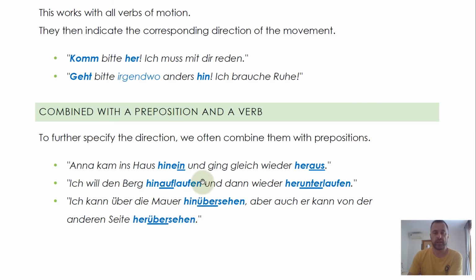So here it is also combined with preposition and a verb, but it's just making it more specific. If you don't get that at the first glance, don't worry, this is advanced. Usually at the beginning I would recommend you understand it if you can see it in a sentence, and try to use it sometimes and see if you do it right.